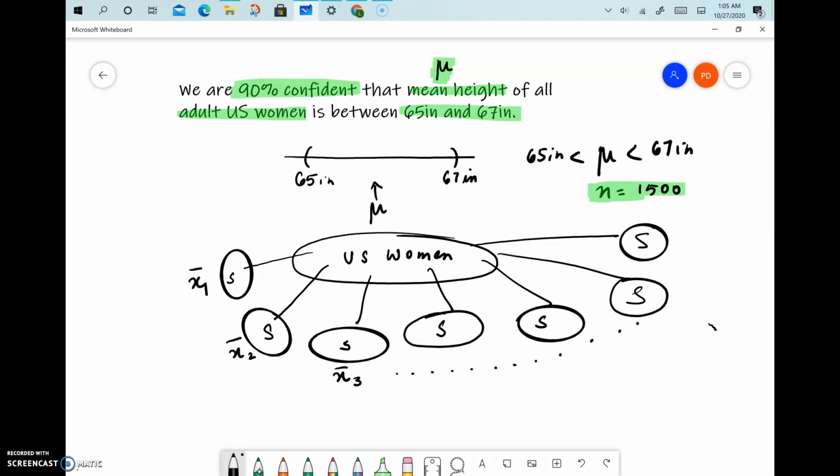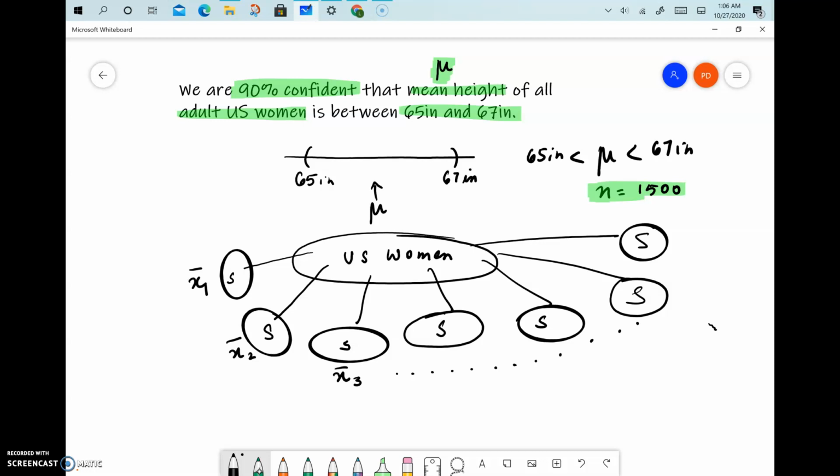It's not necessarily true that they'll all be the same because the samples are different. The height measurements of the women in the samples may be different, so the average of the sample, which is X bar, could also be different. So from the many, many samples, we calculate X bars.